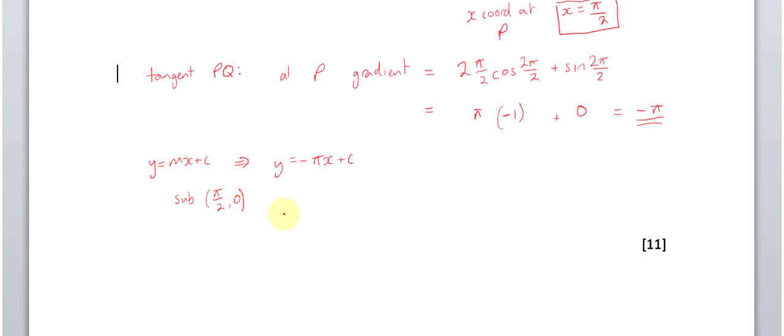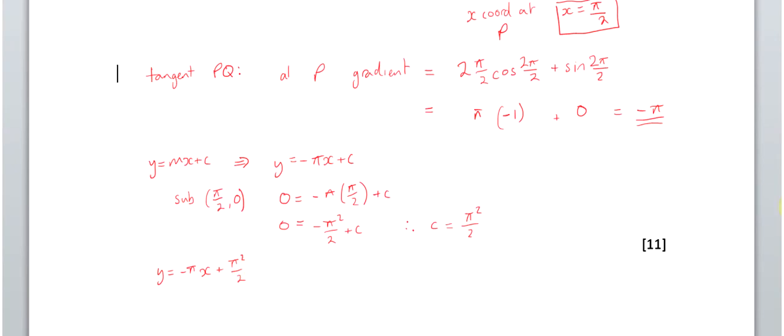We worked that out before, and that gives us 0 is equal to minus pi times pi by 2 plus c, and that means we've got minus pi squared over 2 plus c, therefore c equals pi squared over 2, and that means that we have y equals minus pi x plus pi squared by 2.